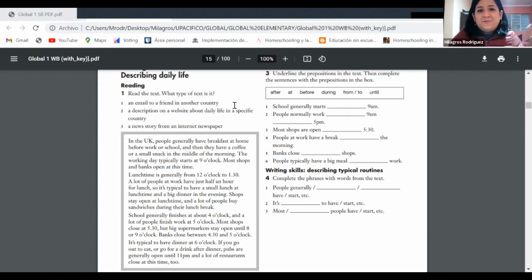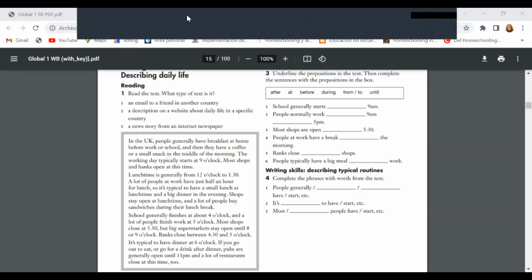Number 2. Para establecer un periodo de tiempo, ¿no? ¿Cuál sería? People normally work from 9 a.m. to 5 p.m. Very good. Thank you so much. Number 3. Most shops are open.